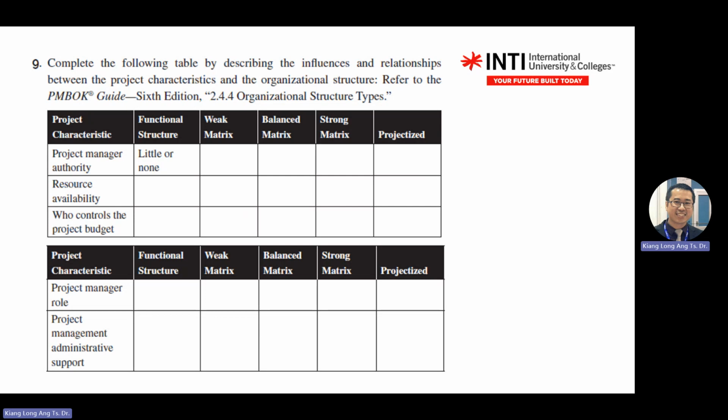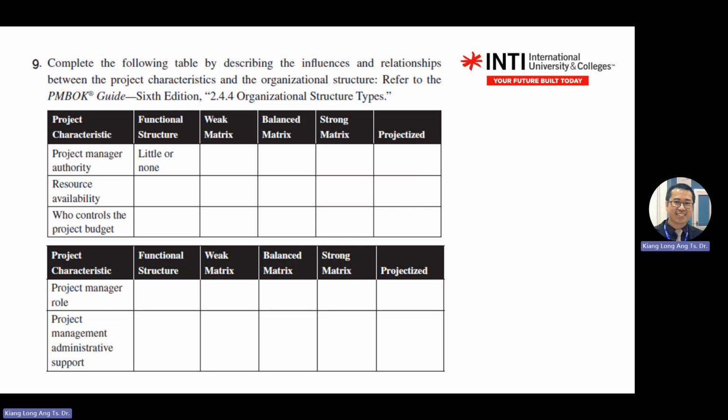So basically, this is a summary of chapter 3 on the organization charts. The top part is authority, resources, and the P&L or budget responsibilities or control. Then the lower part is the role of the PM and project management administrative support, the PMO.